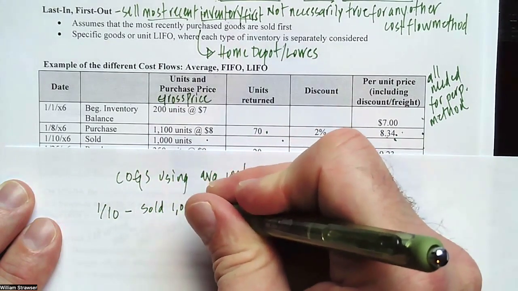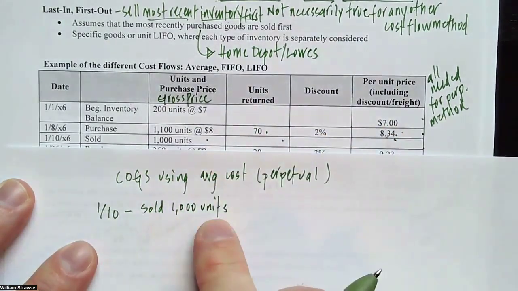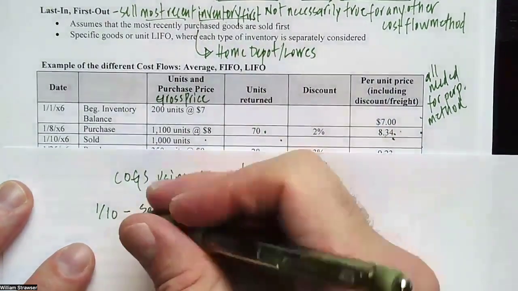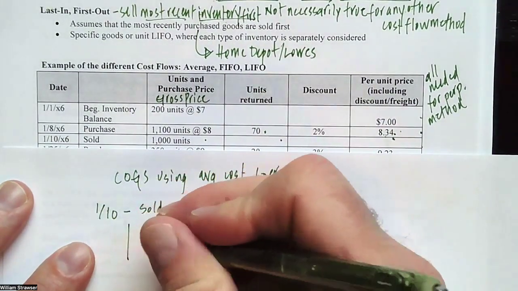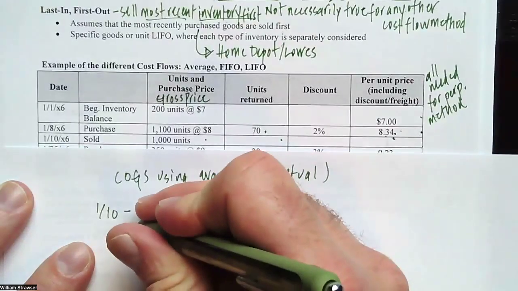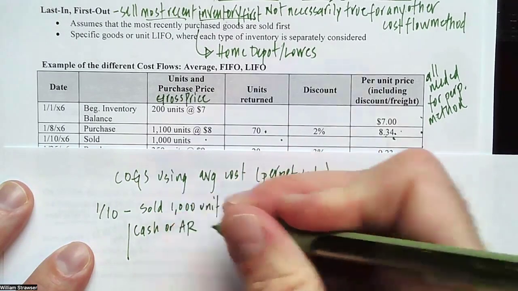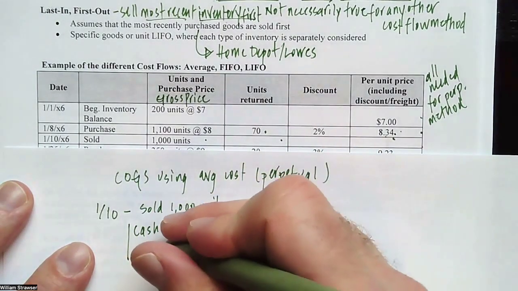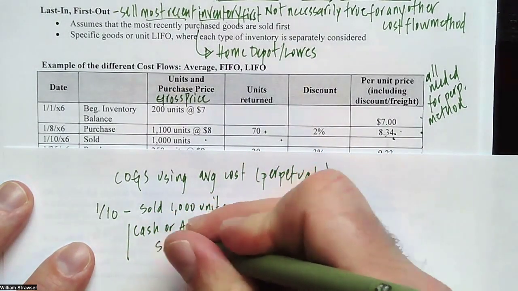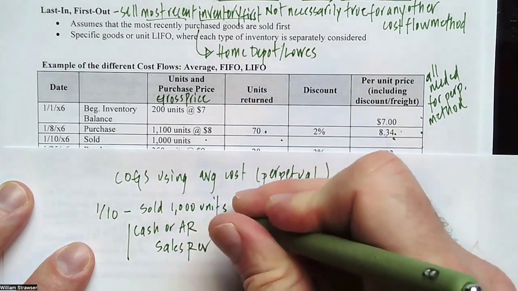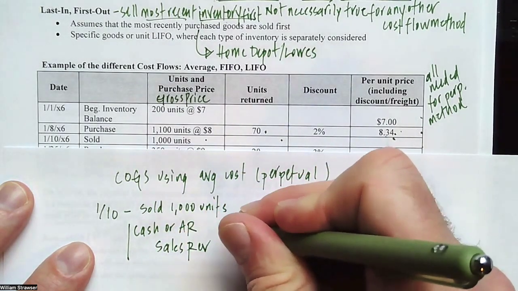Now, I don't give you sales information here, like how much they sold each unit at. Of course, the sell would be journaled something like cash or accounts receivable, depending on whether it was a cash sale or a credit sale, and sales revenue. We would have some dollar value debited and credited.